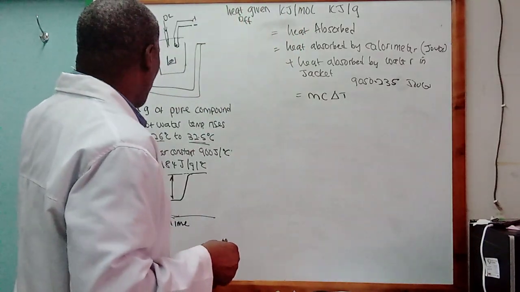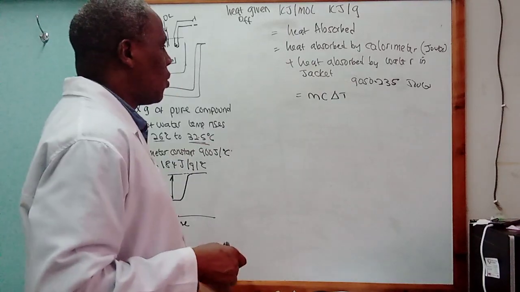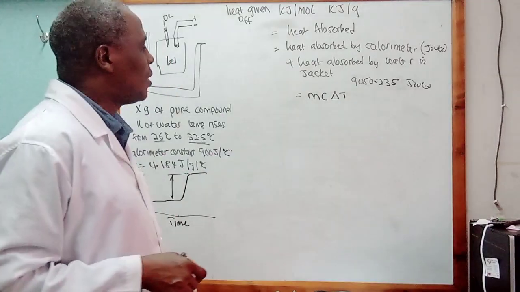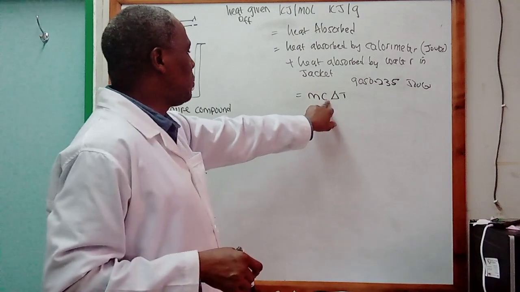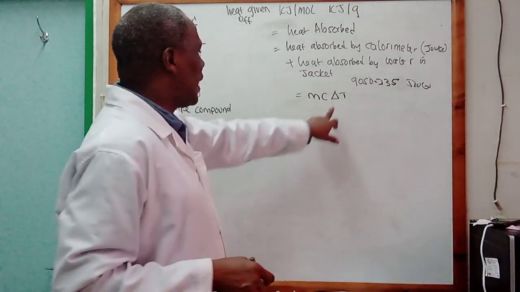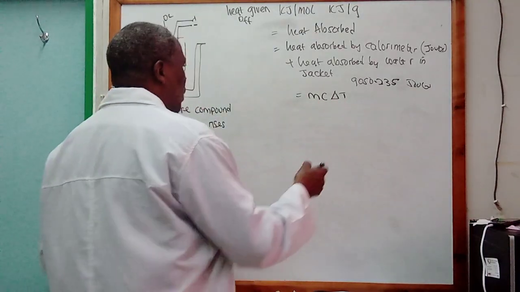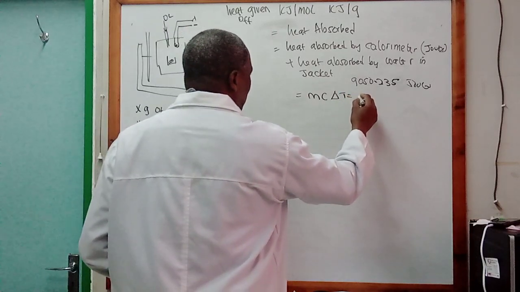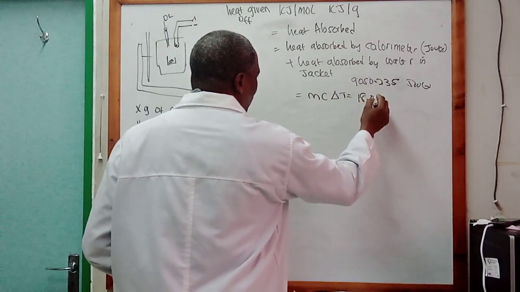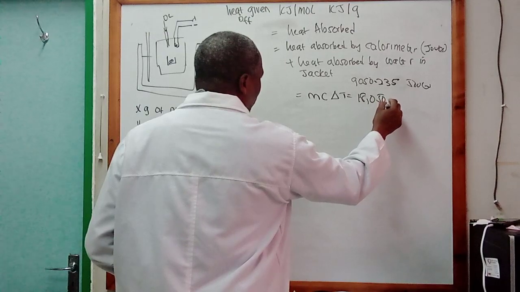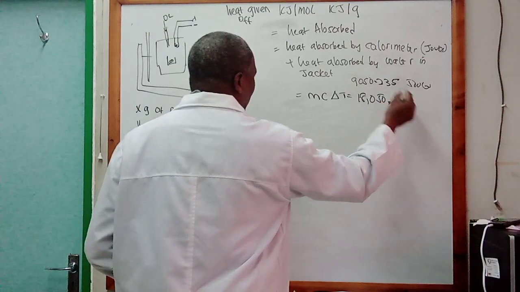So therefore, from the 1 liter, you'll be able to say you've got 1,000 grams, times the specific heat capacity you are given, and then the temperature change. Maybe that one you can get, say, 18,050, maybe 587.